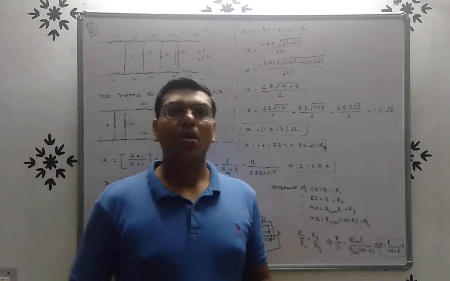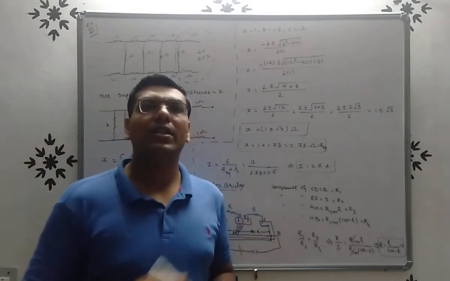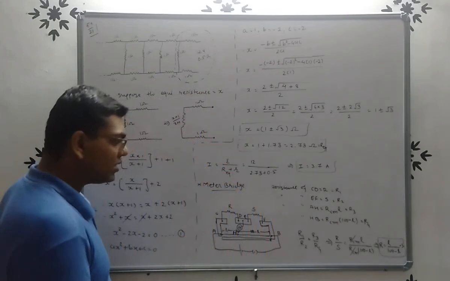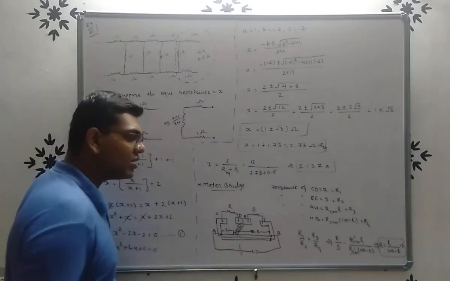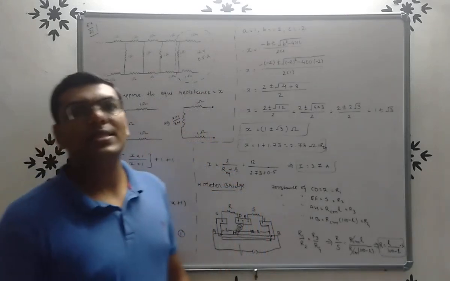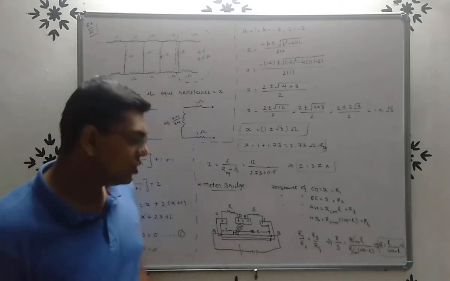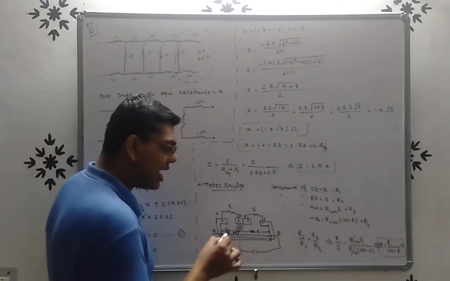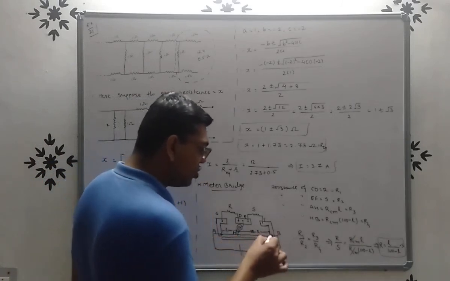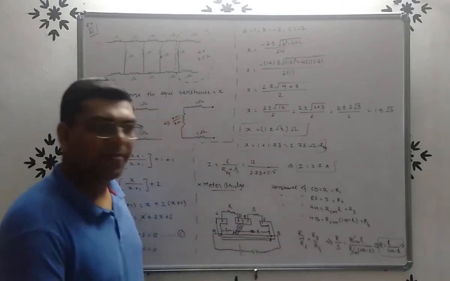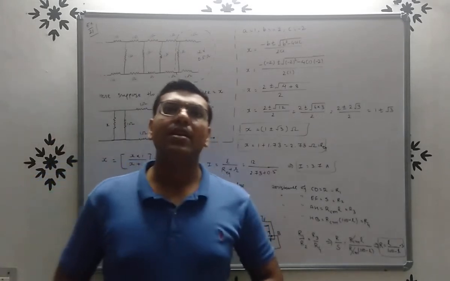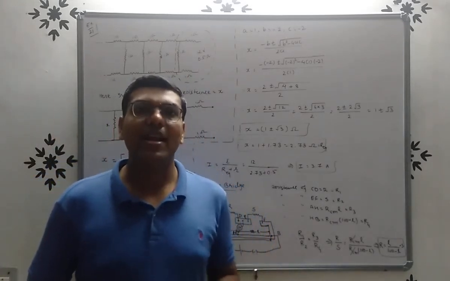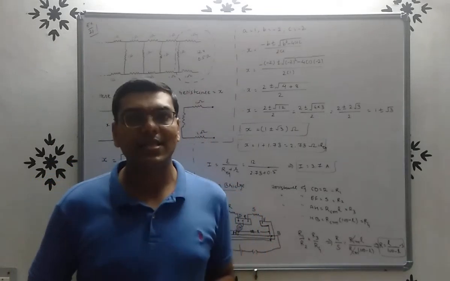Now we move the jockey on the wire, and suppose at point H the galvanometer shows deflection 0, right? So we denote the distance from A to H as L and the distance from H to B as 100 minus L.